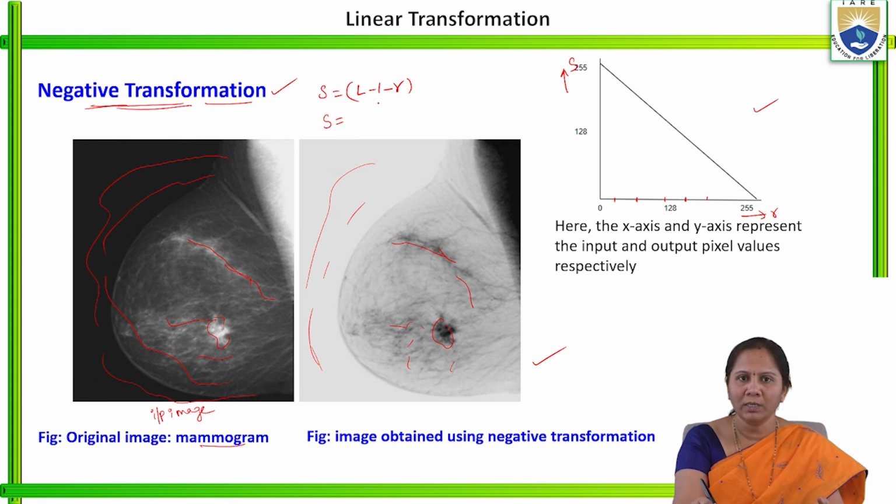If L minus 1 is 255 minus, if the value of R, for example, initially let us consider at the origin 0.